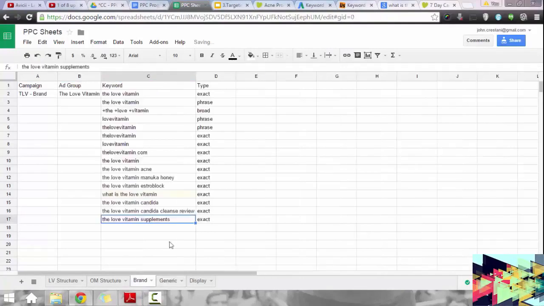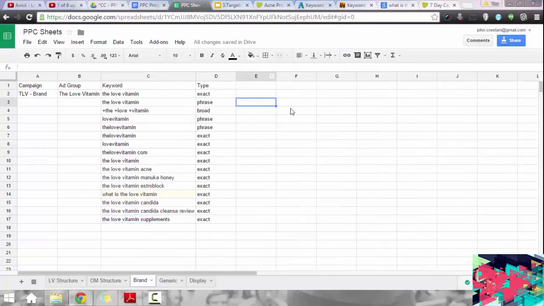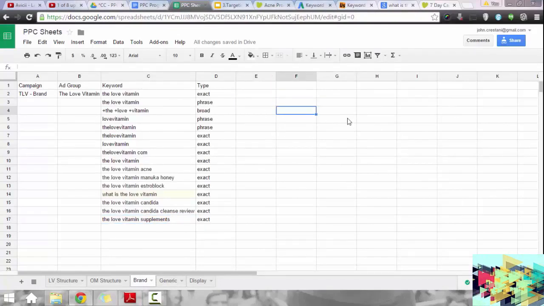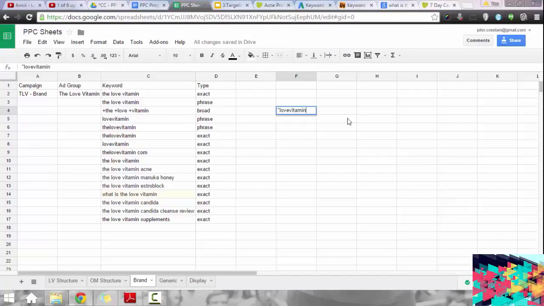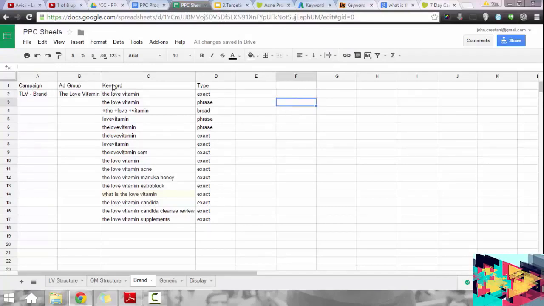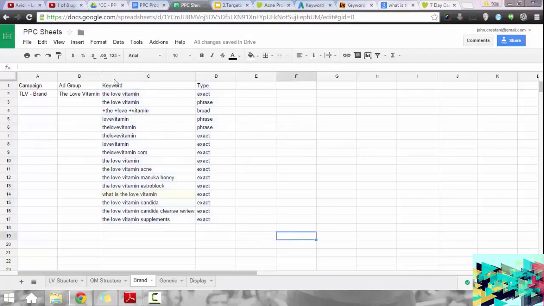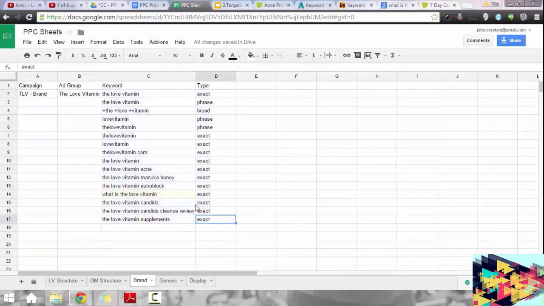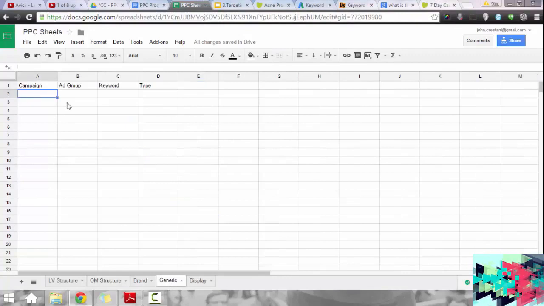Now, one thing I hope you know is that if you put this in manually into AdWords, you're going to have to type in quotes for phrase match, and brackets for exact match. We'll go over that when it comes to uploading everything. But in terms of this, we could actually upload this through AdWords Editor and it would work out.